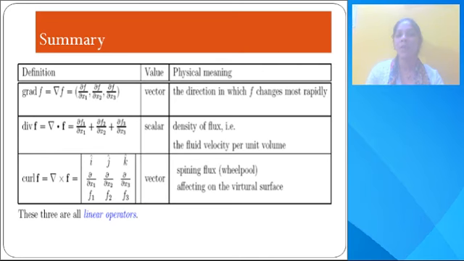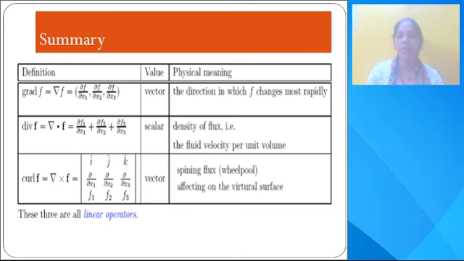When we find the gradient of any scalar quantity, it gives us a vector. When we take the divergence of any vector quantity, it gives us a scalar. The result obtained by curl of any vector quantity is again a vector.